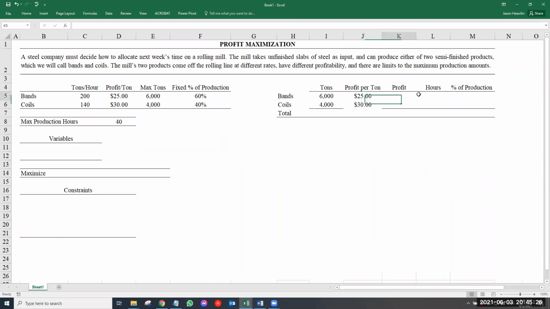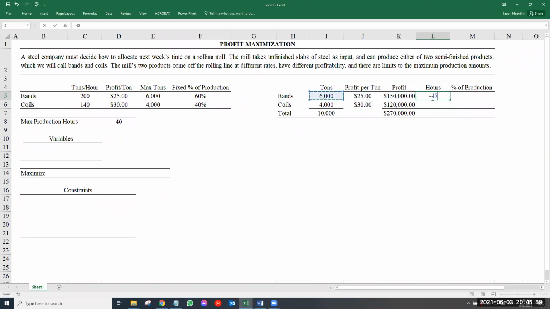So what will be the profit? We take the 6,000, multiply by the $25, and do the same for all the coils, and then add those two together. So far so good. It looks like we could maximize profits. However, let's check how many hours that would take.